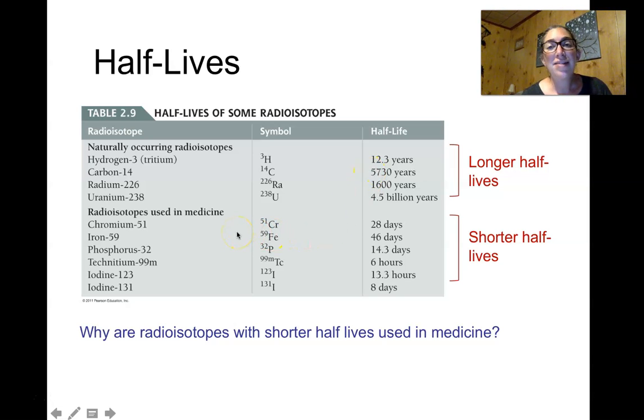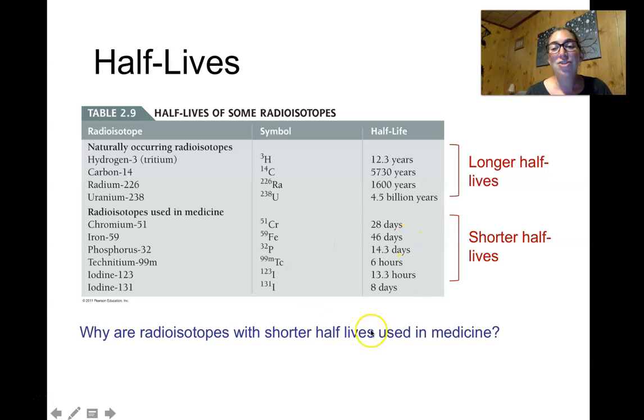Radioisotopes that are used in medicine, though, are going to be ones that have a shorter half-life, because we don't want to be giving people radioisotopes and have them walking around radioactive for the rest of their lives. Maybe it sounds cool, like X-Men kind of stuff, but it's actually very damaging and can lead to things like cancer.